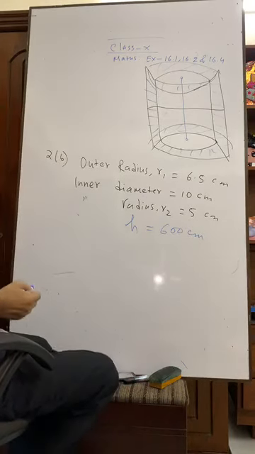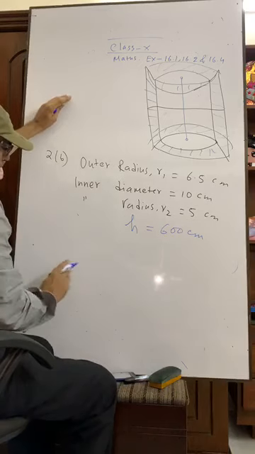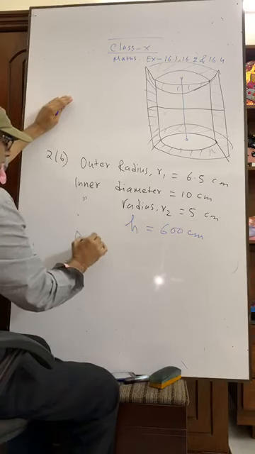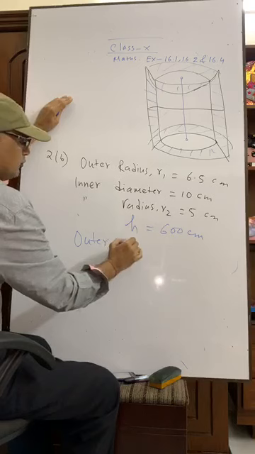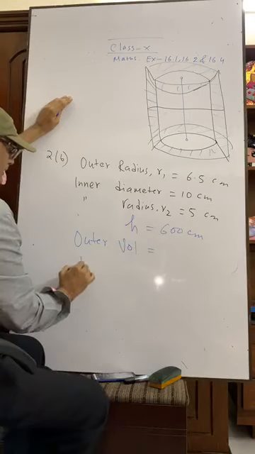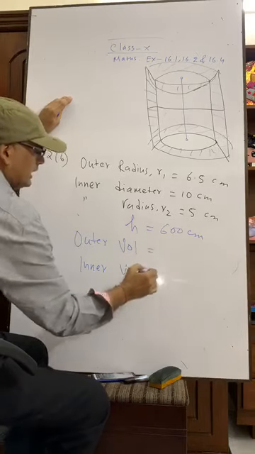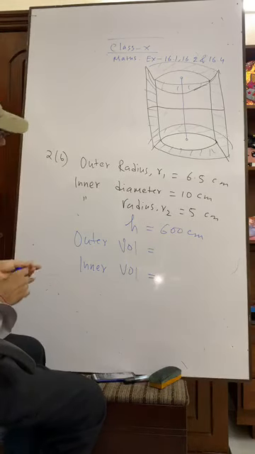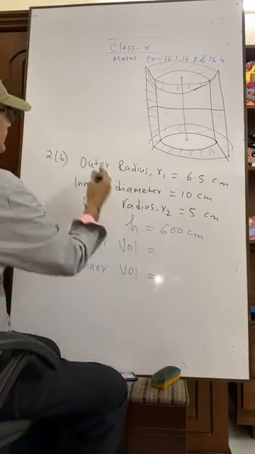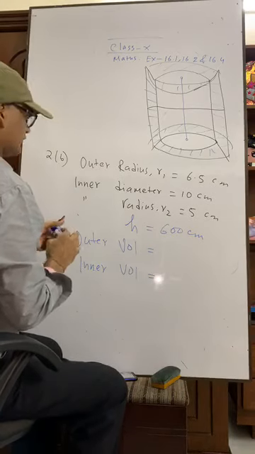Now what is outer volume? Write down outer volume equals to what, and inner volume equals to what? Outer volume means this is the outer radius.